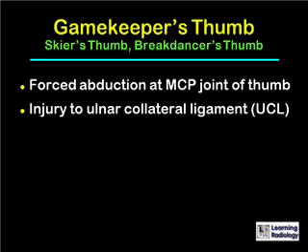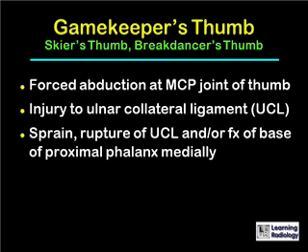In a skier's thumb or gamekeeper's thumb, there is injury to the ulnar collateral ligament, the UCL, and that injury can result in sprain, rupture of the ligament, and/or fracture of the base of the proximal phalanx of the thumb medially.